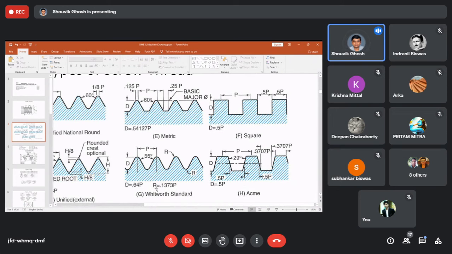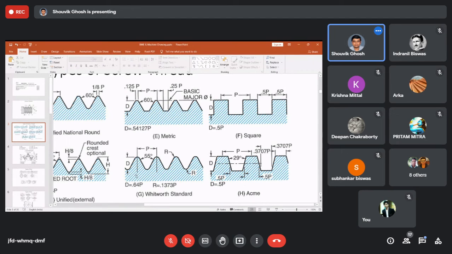Okay, and this radius of the curve, এই যে কার্ভটা generate করেছে তার radius is equivalent to 0.1373 p, that is the radius for the crest and the root. Okay, depth is equivalent to 0.64 p. So whatever the pitch value is, based on that this radius and the depth is measured.